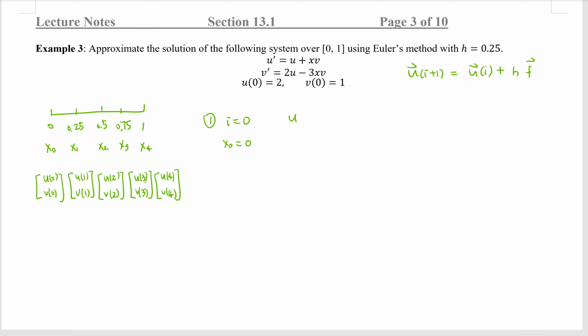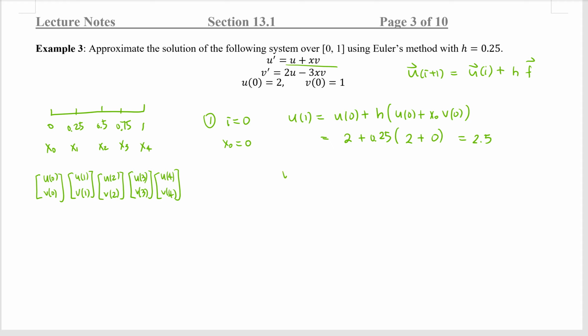So u of 1 is u of 0 plus h times f1. f1 is u of 0 plus x0 times v of 0. So far, so good, everybody. u of 0 is 2, h is 0.25, x0 is 0. Oh, 2 times 0.25 is 0.5. 2 plus 0.5 is 2.5.